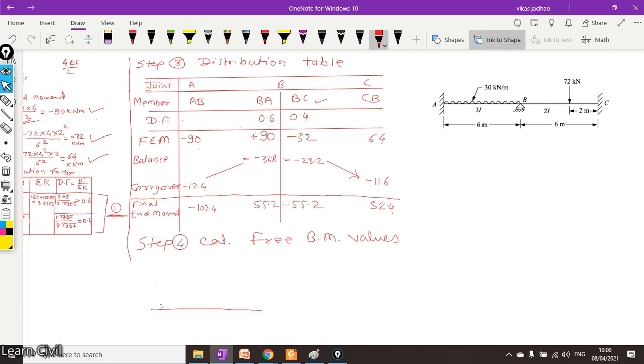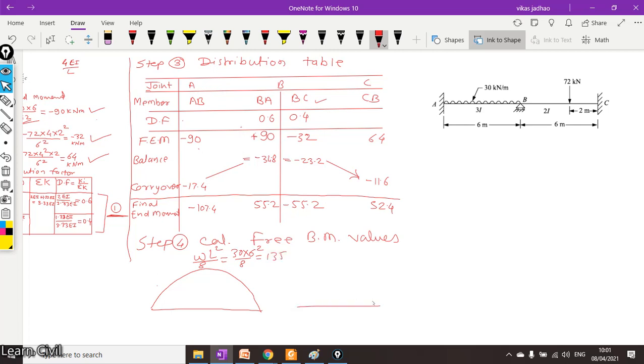For AB, the maximum bending moment value will be WL square upon 8. W is 30 into L is 6 square, divided by 8, so this is equal to 135 kilonewton meter.